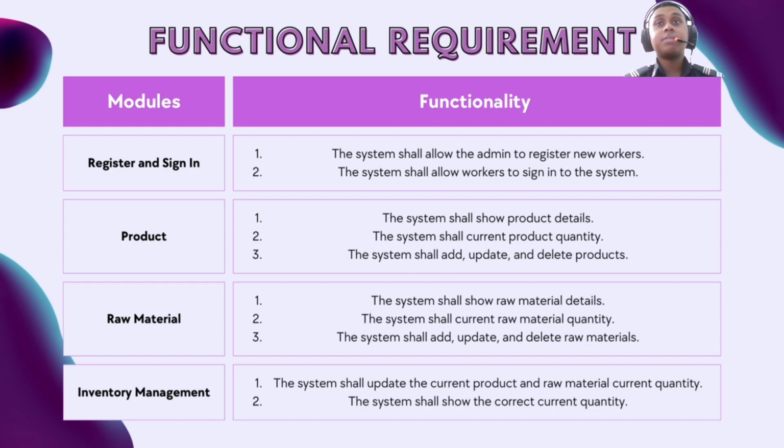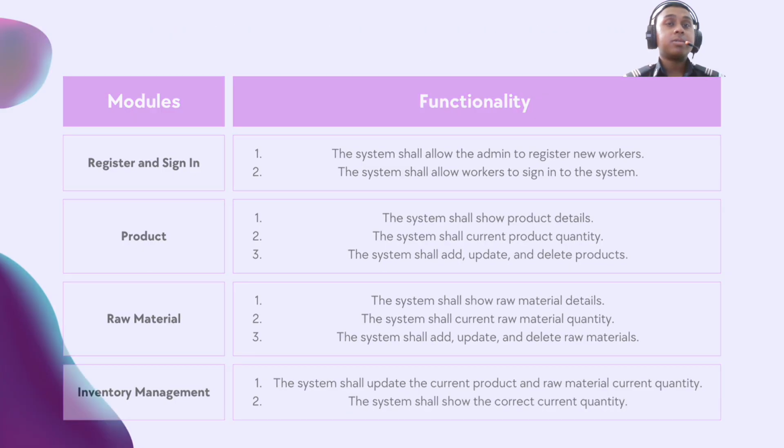The second is that the system shows current raw material quantity, and the third is that the system should add, update, and delete raw materials. The fourth module is inventory management. The first functionality is that the system should update the current product and raw material quantities. The second functionality is that the system shall show the correct quantity to the user.